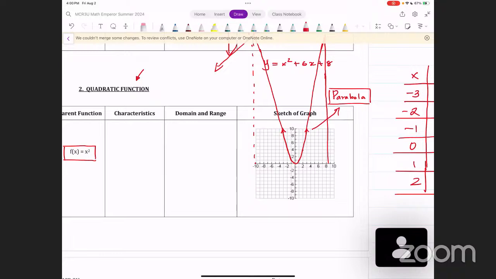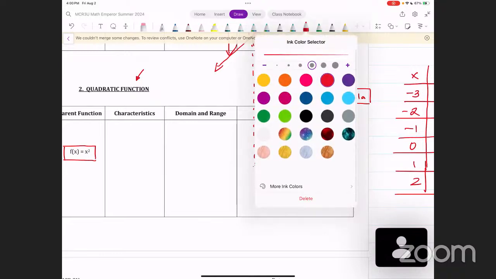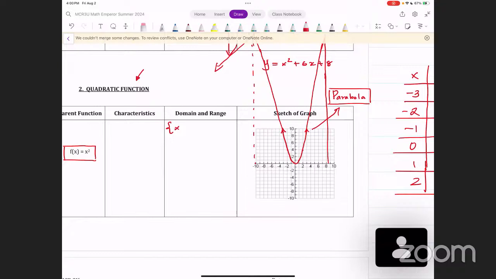Therefore, the domain for this function is x belongs to real. Now let's look at the y value. You see that this graph is not going below the x-axis, isn't it? Do we have a graph going below the x-axis?